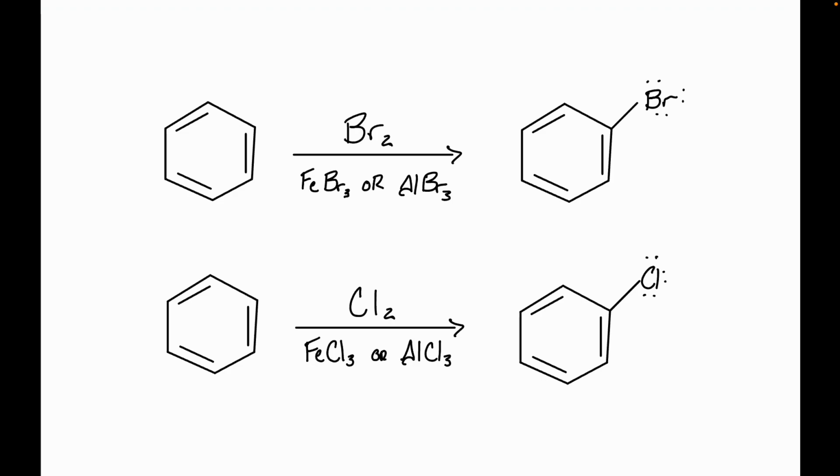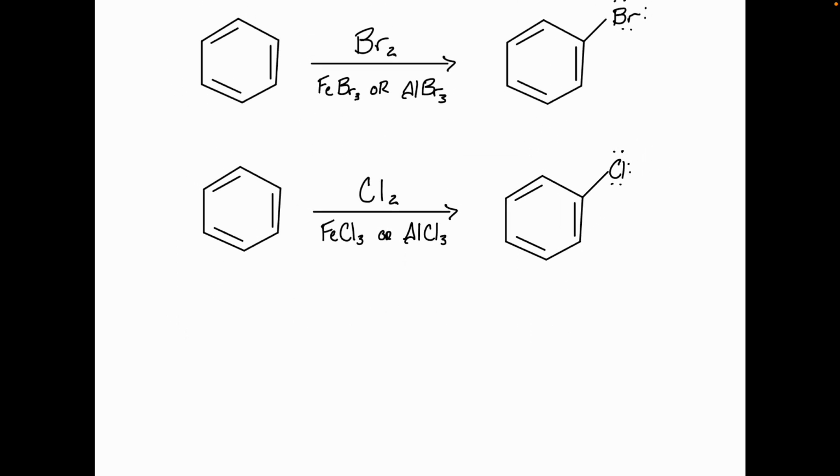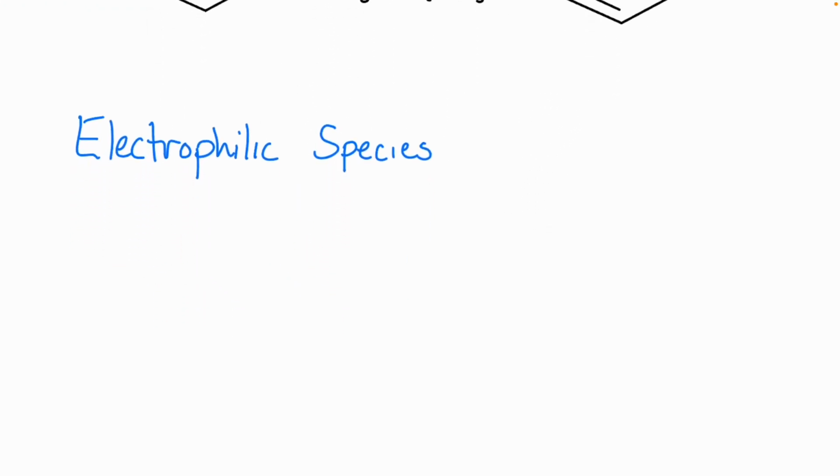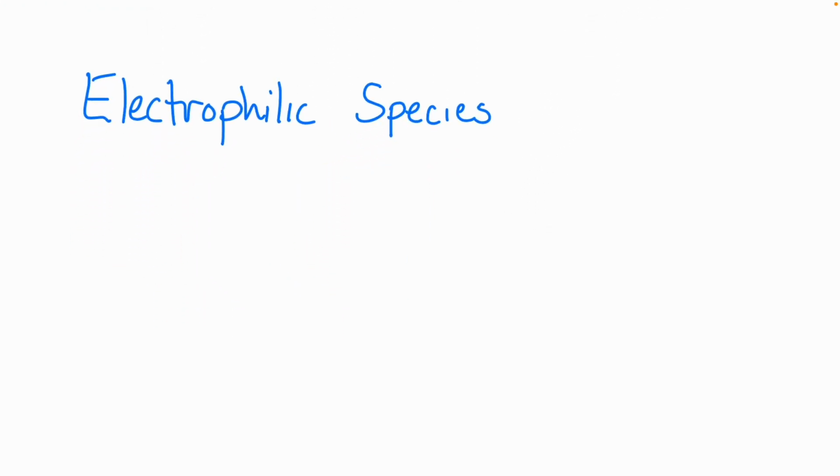So those are our catalysts for this reaction. Again, we have this catalyst that's going to convert our bromine into a really good electrophile. So in these reactions, the actual electrophilic species is this complex that occurs between our halogen and our metal halide.